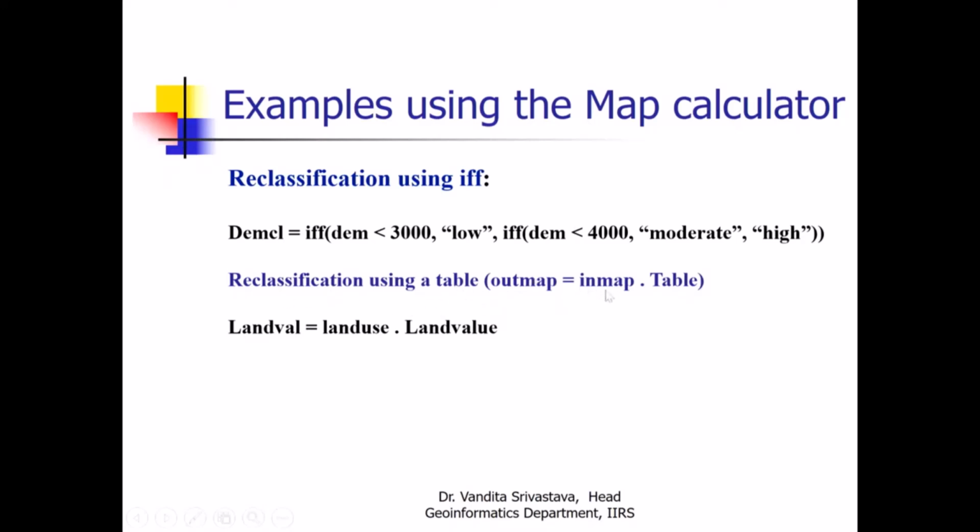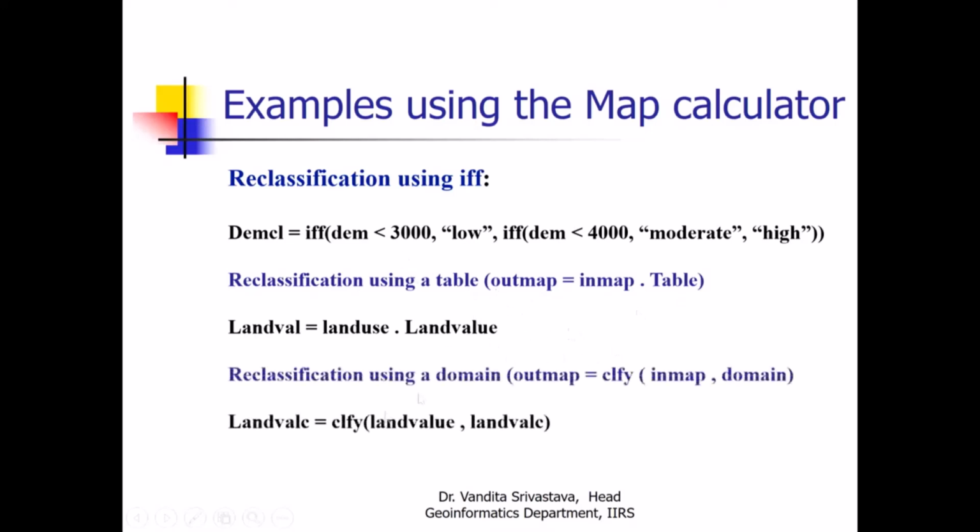Then there is this format I already showed you: the input map dot the table and dot the column. The new map name is equal to the table name dot the column name. That is the format. And this is again an ILWIS concept, wherein you use the domain concept to define the classes, and you simply use the domain instead of the attribute.